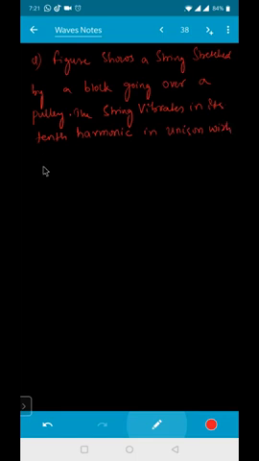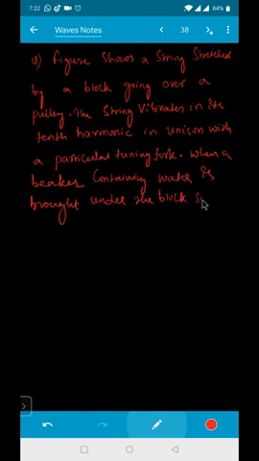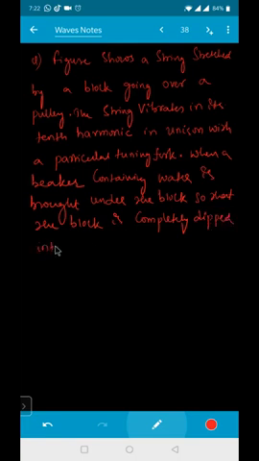A beaker containing water is brought under the block so that the block is completely dipped into the beaker.